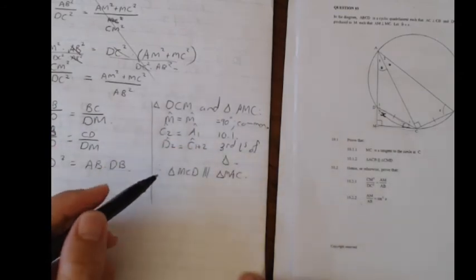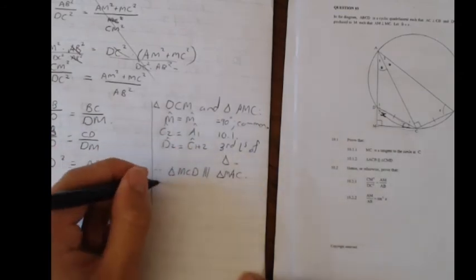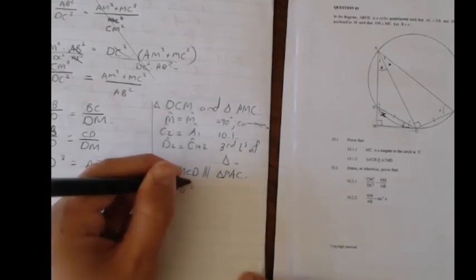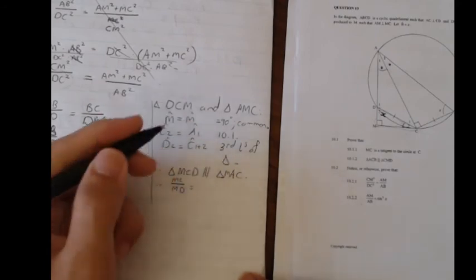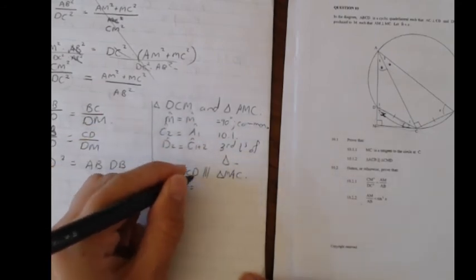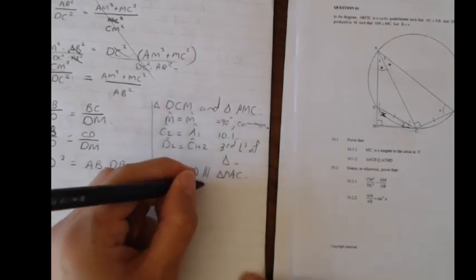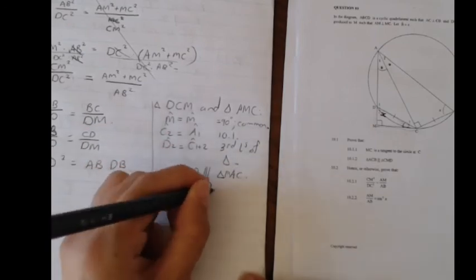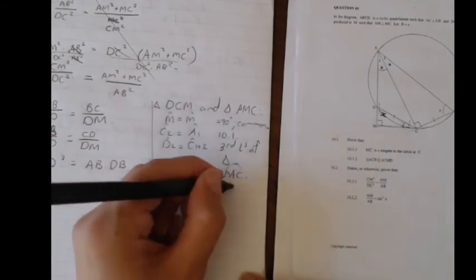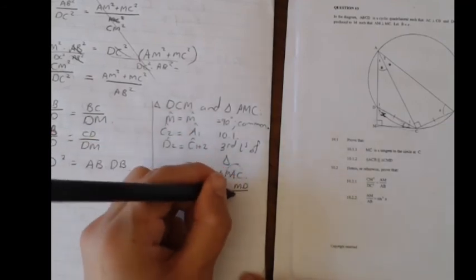And from this, I can write down that MC over MA is CD over AC, MD over MC.